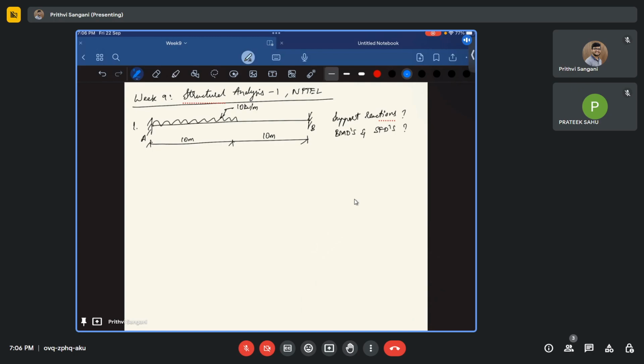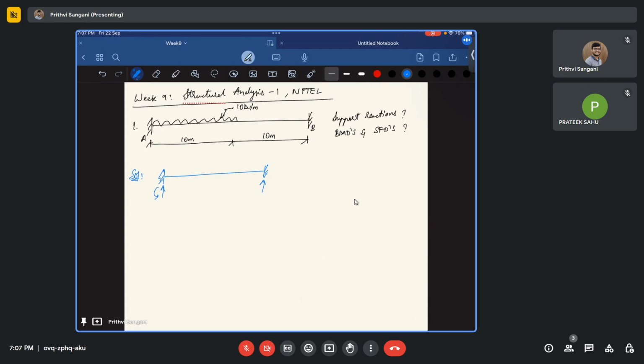First, let us understand whether this beam is an indeterminate or a determinate structure. How do we know? Let us go from the basics. This is a fixed beam, so at each fixity you have two unknown reactions: one is the vertical shear force and the other is the bending moment.